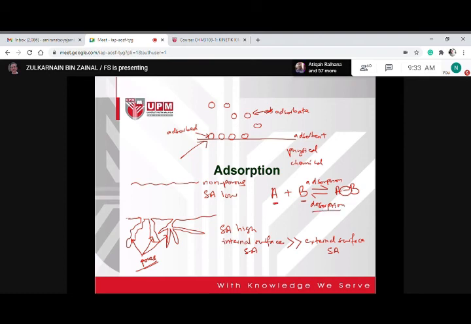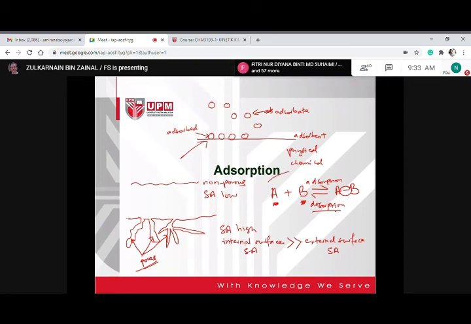If there's a very strong bond between A and B, or the affinity of A to B is very, very high, then it is very unlikely that AB will split back into A and B. But if the interaction is weak, then it is very highly likely that the desorption process will occur, or AB will form back.